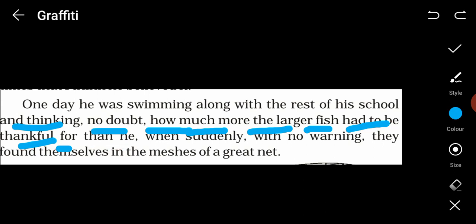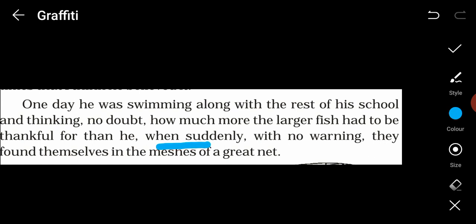So now he was thinking about those fish who are larger than him, how happy they are. Did he go and ask whether they are happy or not? No, he did not ask, but he assumed that they are happier than him.